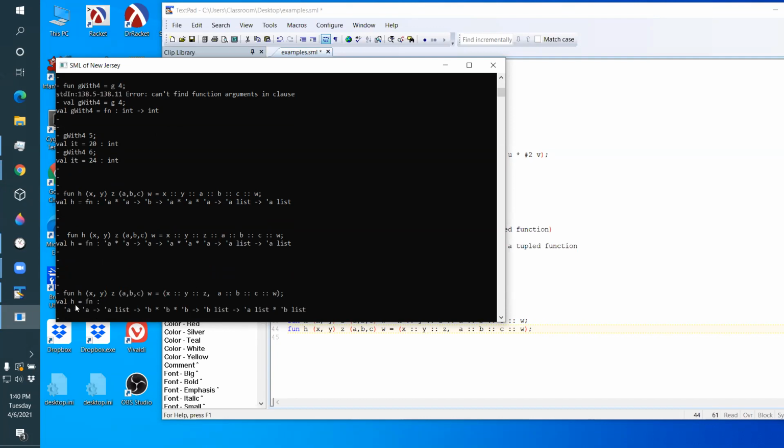The thing was long enough that ML broke it up into 2 lines. The first input is a pair of A's. The second input is a list of A's. The third input's a triple of B's. The fourth input is a list of B's. And then the last arrow tells me the output. The output is a pair, list A, list B.